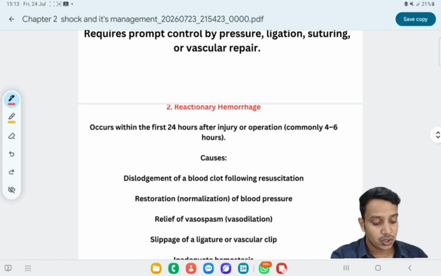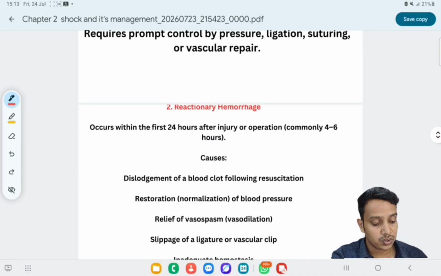So there may be dislodgement of clot, restoration of normal blood pressure, relief of vasospasm, or the suture was not tied properly, which leads to slippage of ligature and inadequate hemostasis.